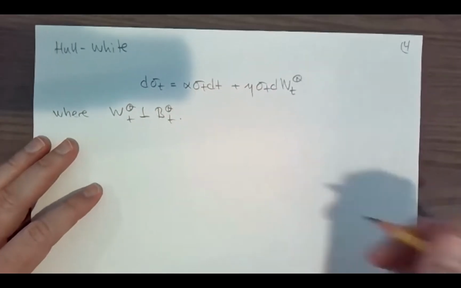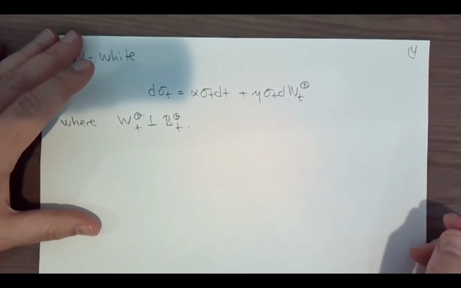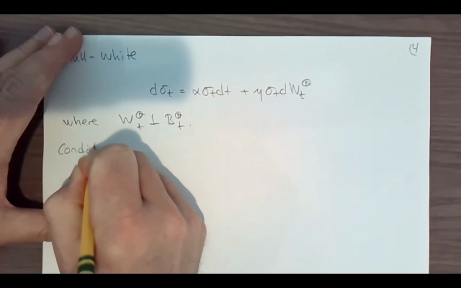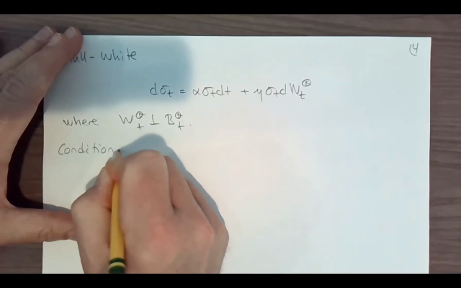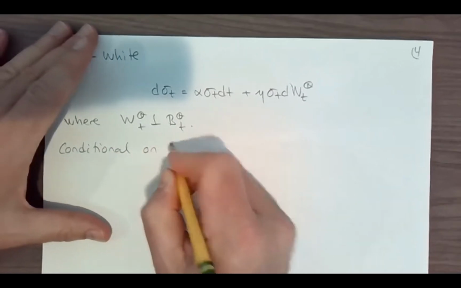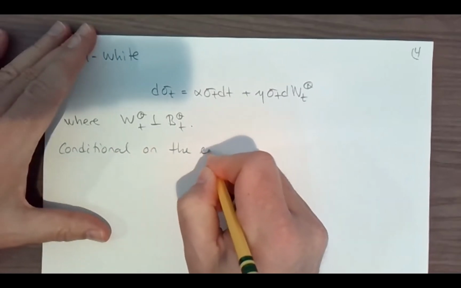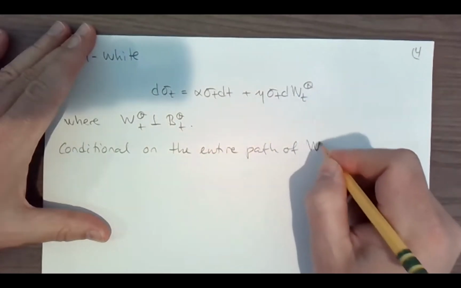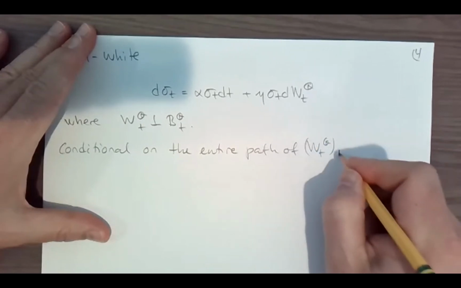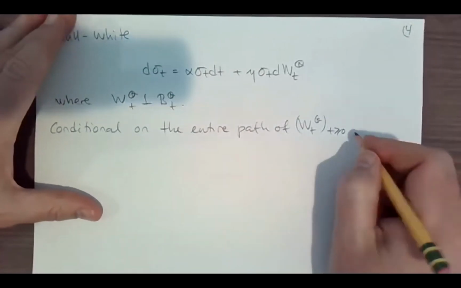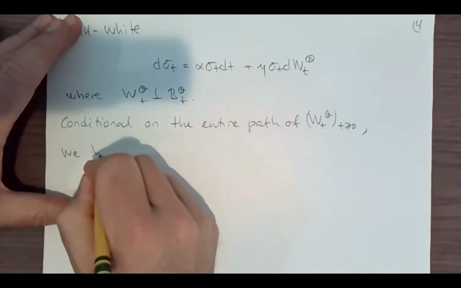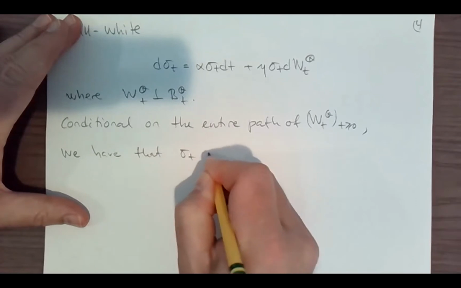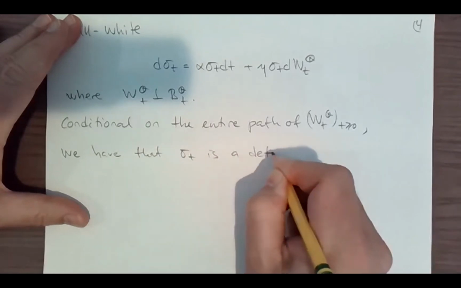So what they do is they say, conditional on the entire path of W, sigma t is a deterministic function.